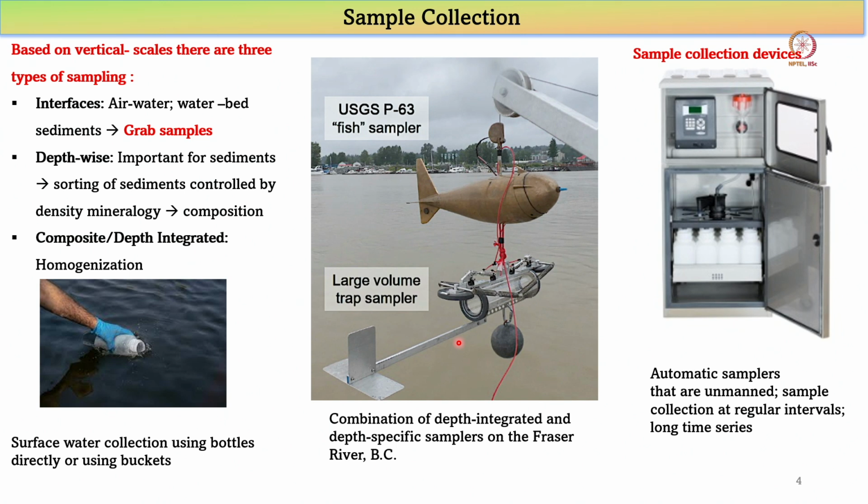So there will be certain months of the year where the volume of the river, where the depth of the river will be high, certain months where the depth of the river will be low. So you have to know what is the depth of the river at that particular time, and depending on that time, how many depths you should be collecting. So all this should be thought of.